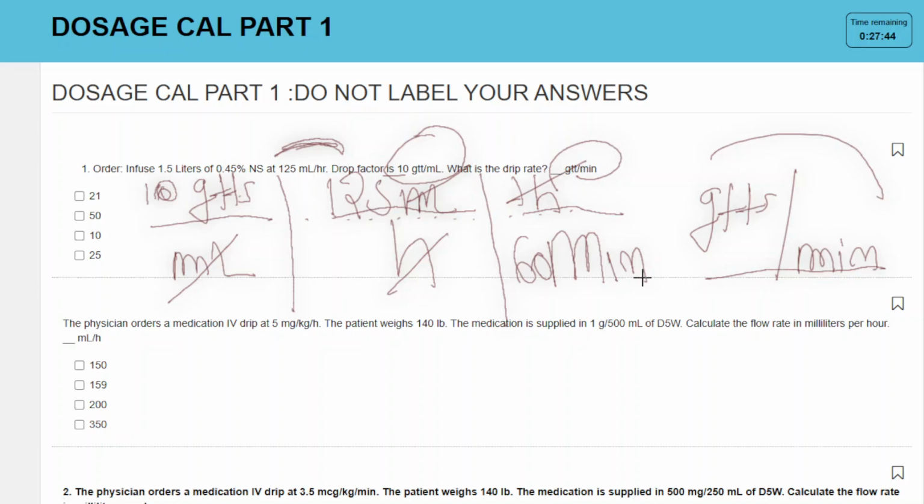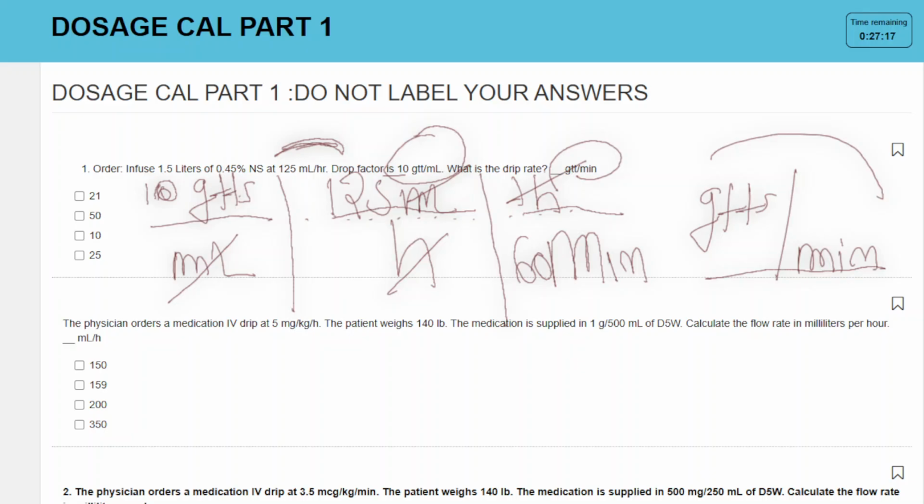So from that point, I will go ahead and multiply 10 by 125 and divide that by 60. Will you have the same answer? Yes, you will have the same answer like before when we used the formula. 10, you multiply that by 125 and divide that by 60. And once you do that, you still get 21.